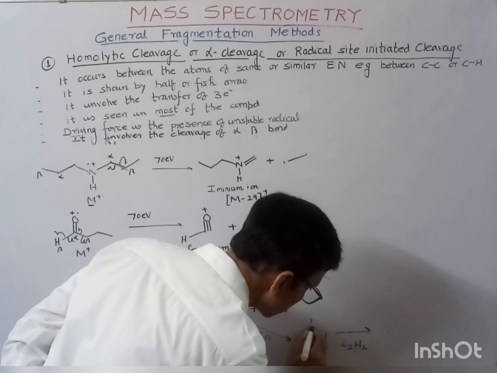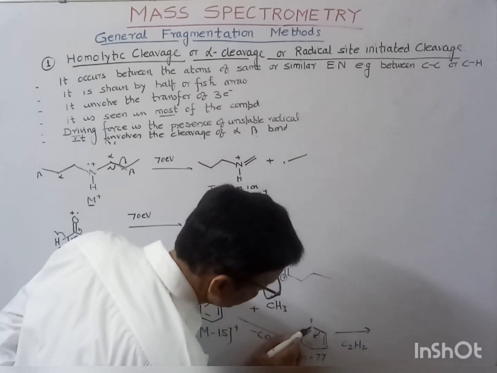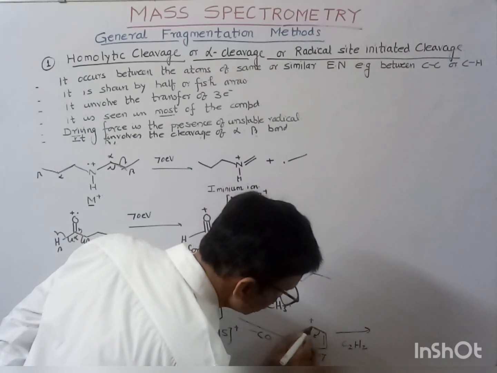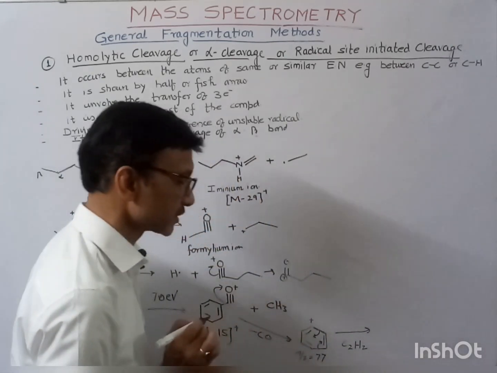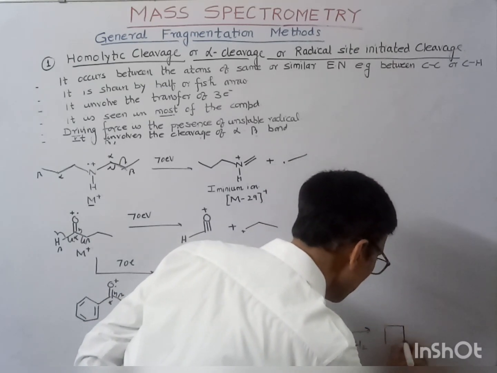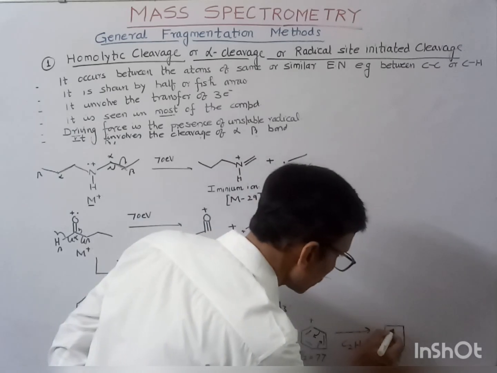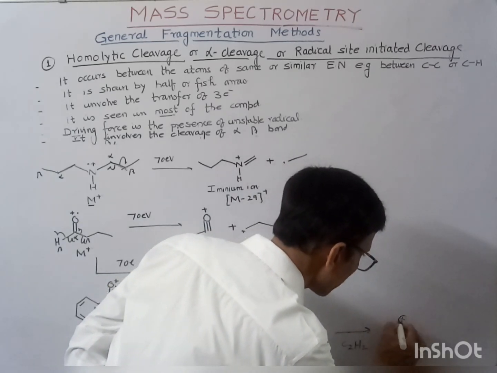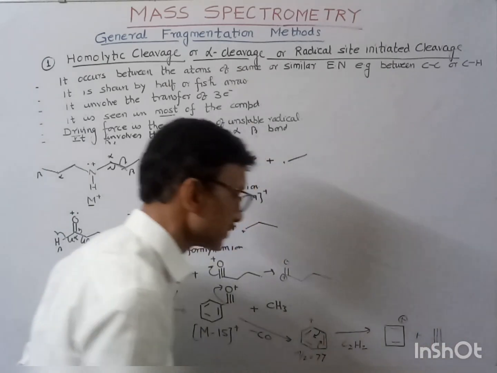Here this bond will undergo cleavage, and a bond will form between this carbon and this carbon, and then this bond will again undergo cleavage like this. So a 4-membered ring will form, with positive charge over here, plus acetylene.